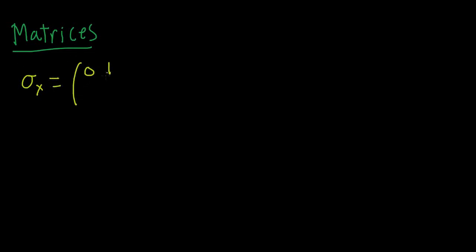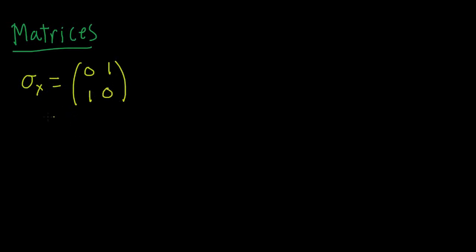All right, so we've been beating around the bush, but now it's finally time to talk about matrices. And don't be scared, by the way. So sigma sub x can be written as a matrix. I haven't told you what a matrix is yet, by the way, but you're about to see one for yourself. So sigma sub x can be written as the following matrix.